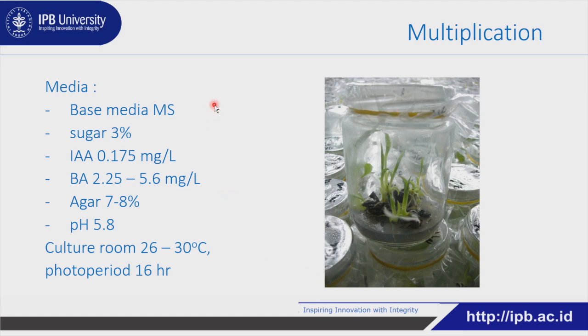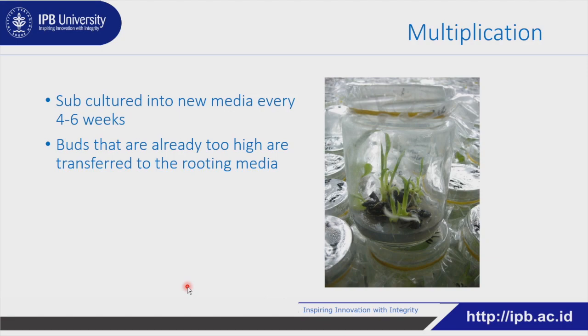In multiplication, there are also some plant regulators that can be added to the base MS media, and we put it in the culture room at 26 to 30 degrees Celsius with a photoperiod of 16 hours light. We can subculture into new media every 4 to 6 weeks, and it depends on your program and also the certification.